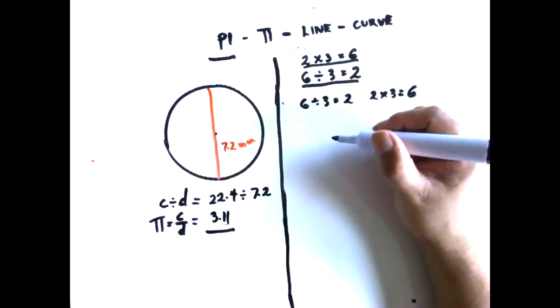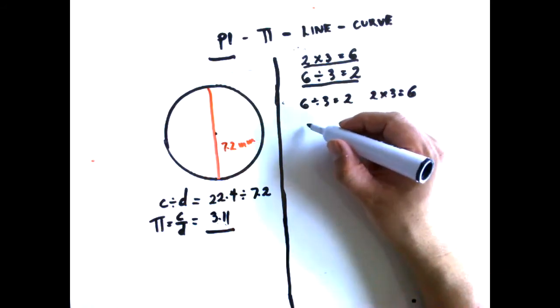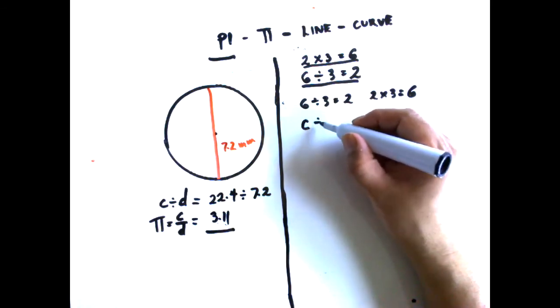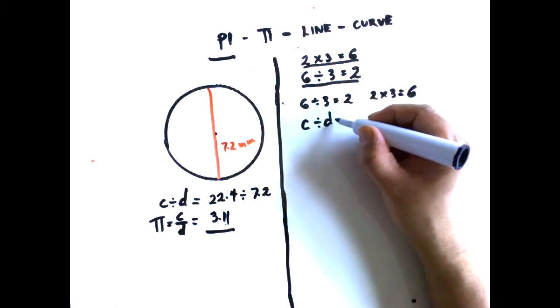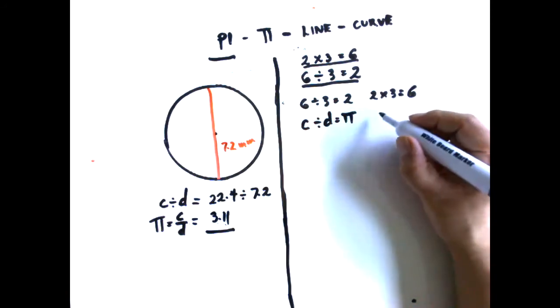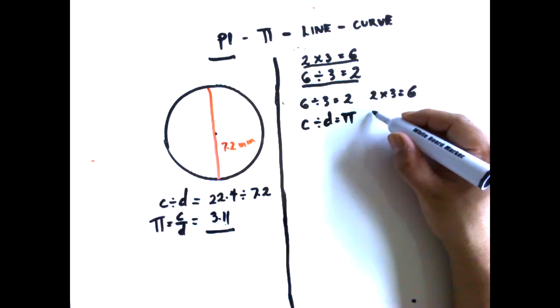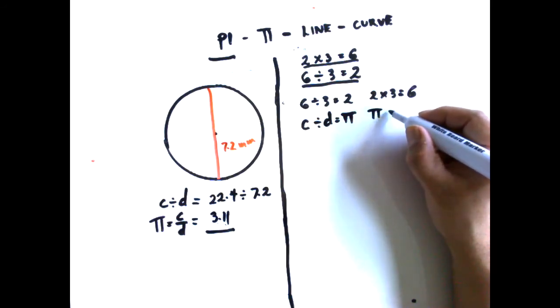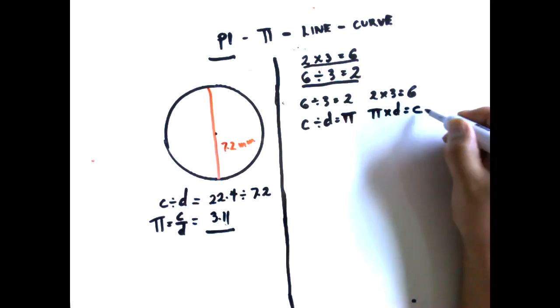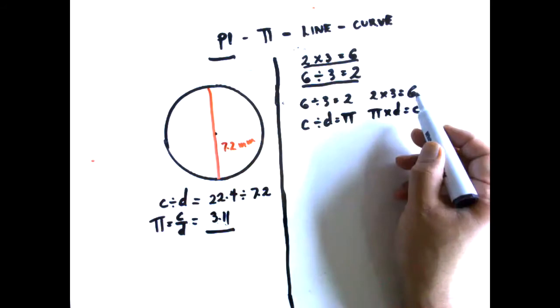In our example here, we know that it's C divided by D equals pi, and the opposite of this would be pi times D equals C. It follows this principle here on the top.